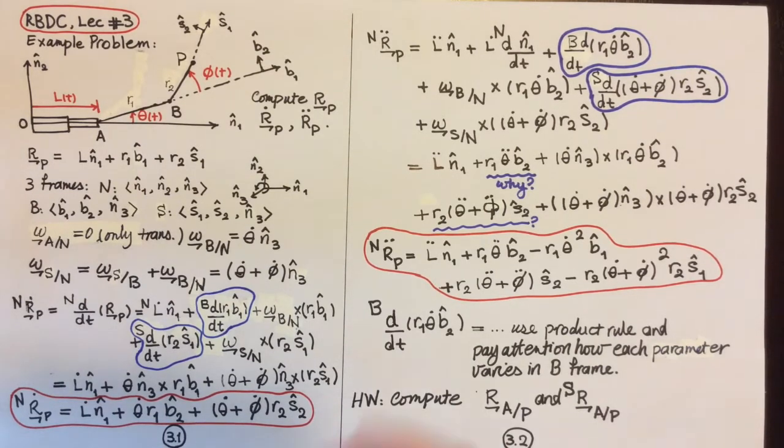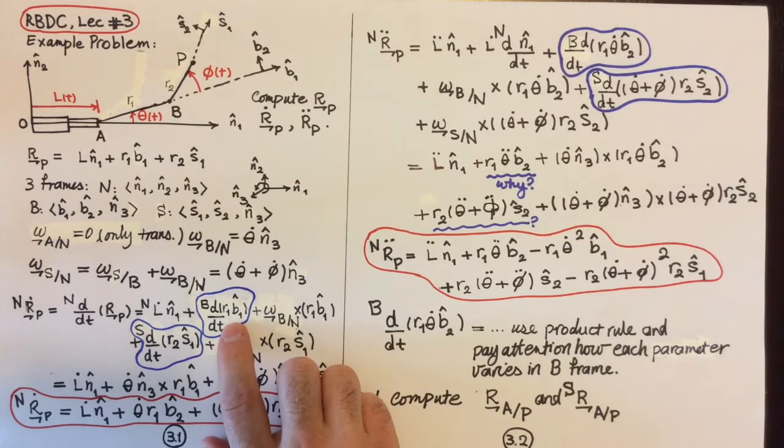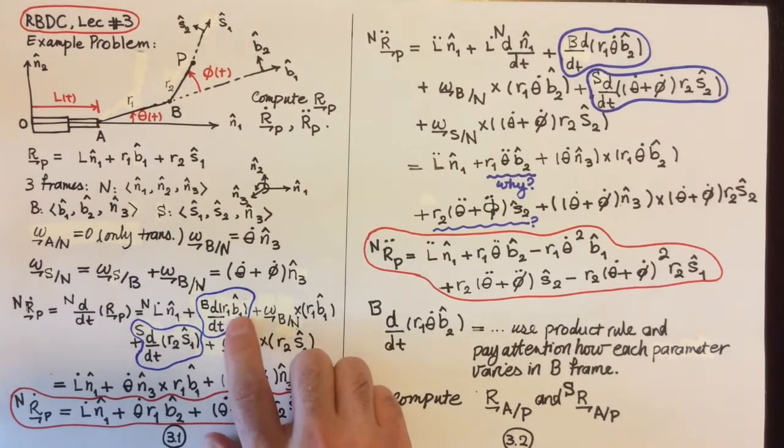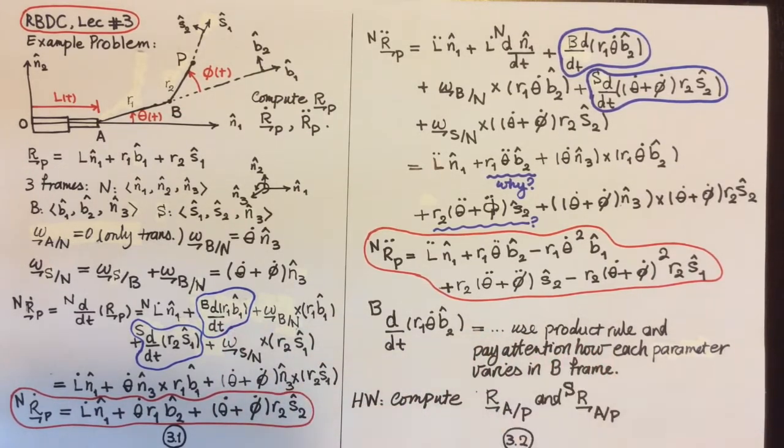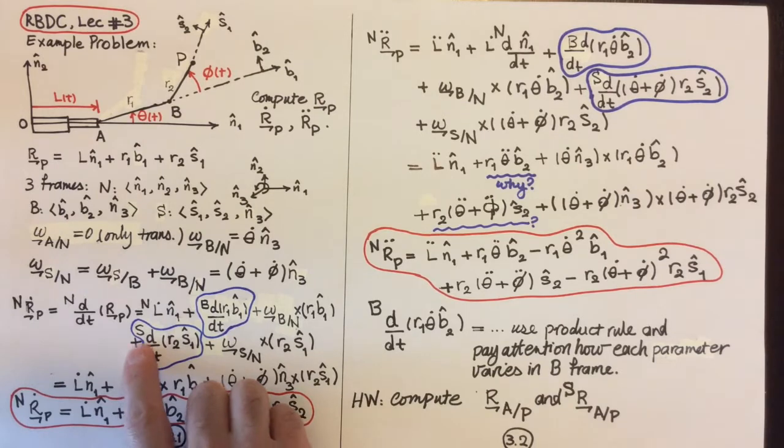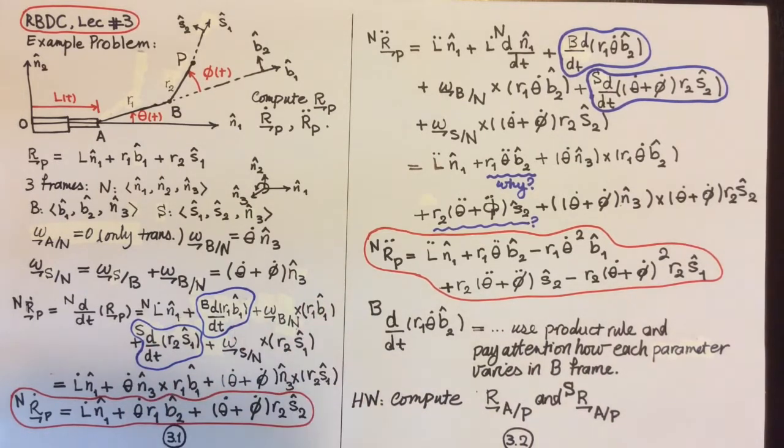Even if you apply the product rule to these two terms, because R1 has a fixed magnitude, R1 dot is equal to 0, and B1 hat differentiated within the B frame gives simply 0. Same thing here: R2 dot is 0, and S1 hat dot with respect to S gives you 0. So these two terms go to 0, and we end up having only these terms.